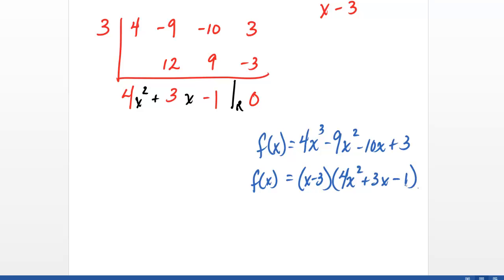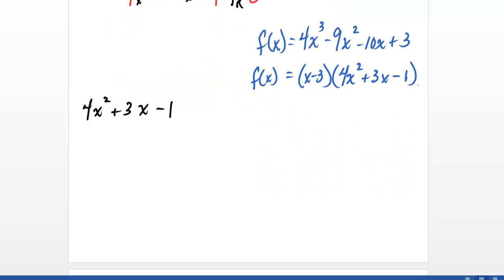Now we need to follow the next step. We've got a quadratic at this point, and we need to factor that quadratic if we can. So I'll go ahead and work on that next. If we look at this quadratic that's given to us, we have a leading coefficient greater than 1. So this would lend itself to grouping, and so we'll just go through the grouping process that you remember from the quadratics unit.